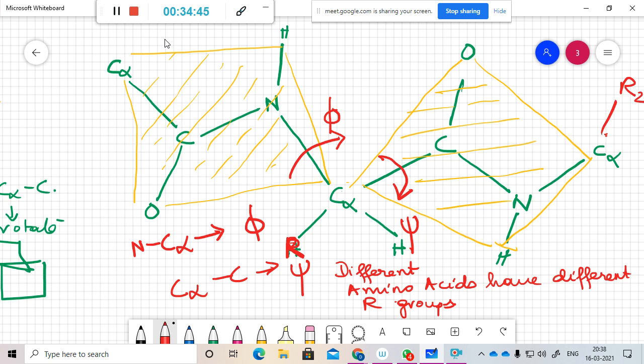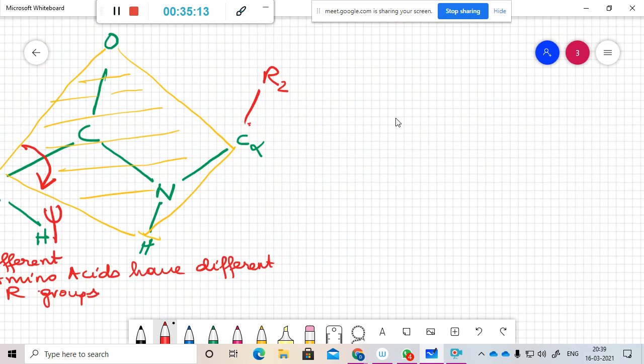If they are similarly charged, then they will repel each other. If one is hydrophobic and one is hydrophilic, they will repel each other, and so these angles will be different.